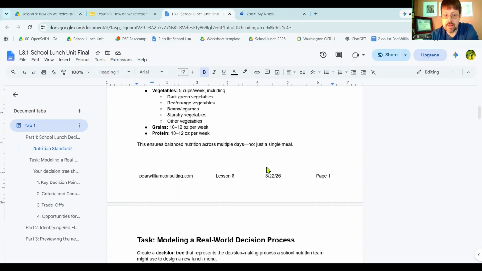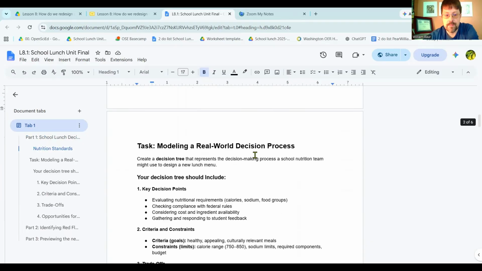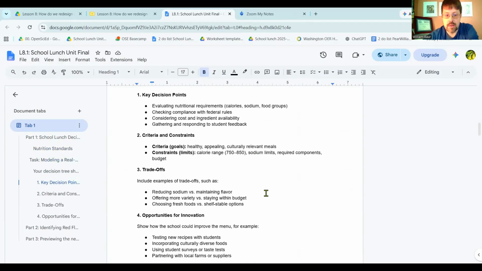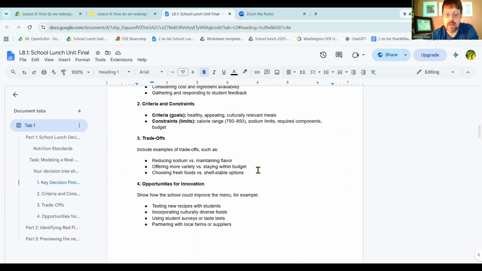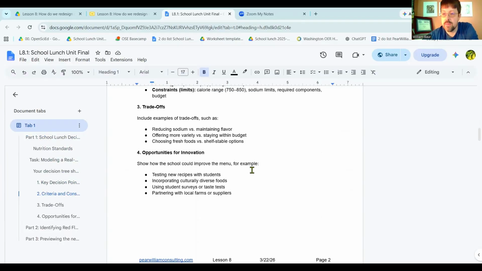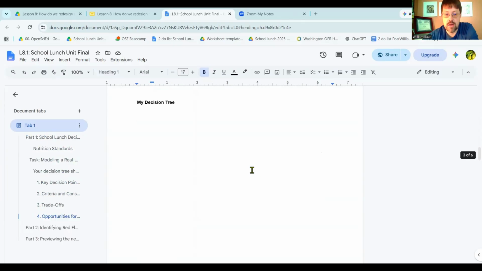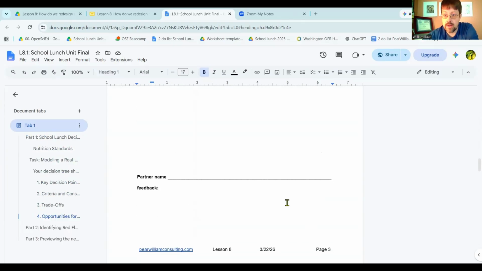As of writing, this is what the recommendations were. We've just spent some time reviewing criteria and constraints and thinking about trade-offs. Those also might have appeared in the news article, so students can use that information to guide the development of their decision tree. So here's the place for them to make their decision tree.